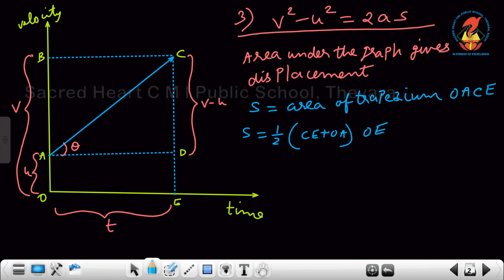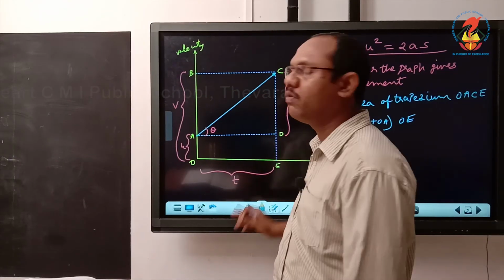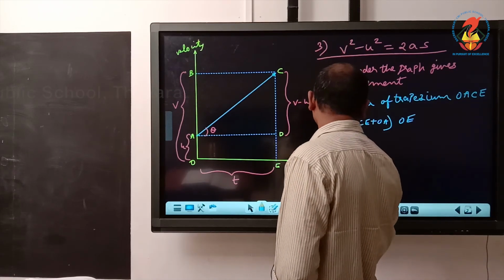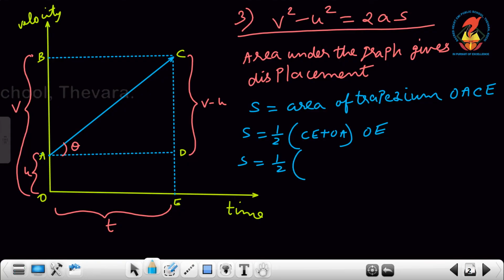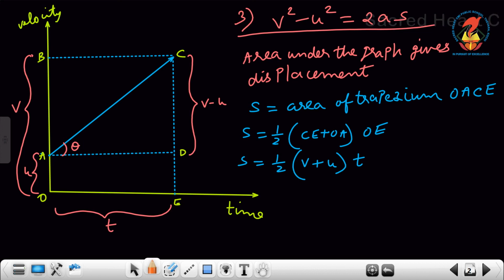So this is the equation for the trapezium. Now you can tell me what all these letters represent. CE is marked as V, right? So V plus OA is U, and OE is written as T. From our first derivation, we know V minus U is equal to AT.